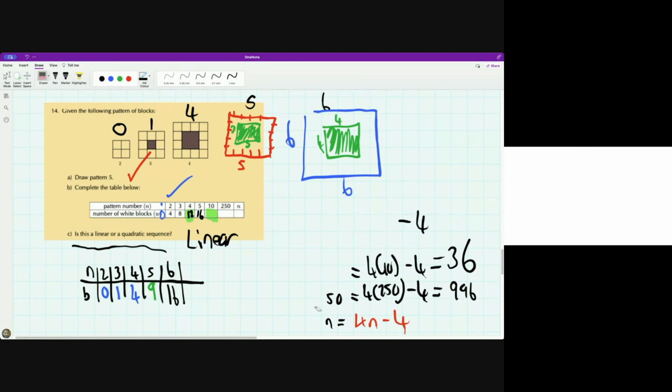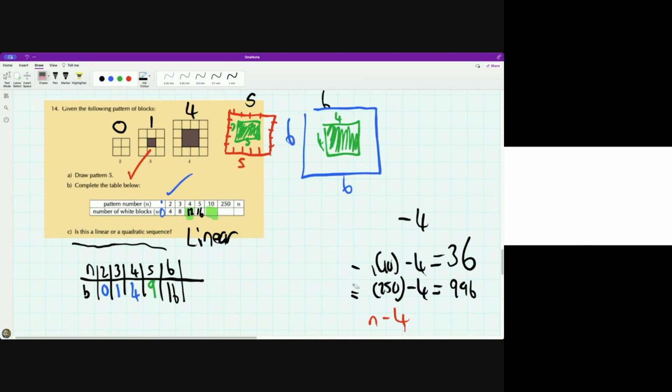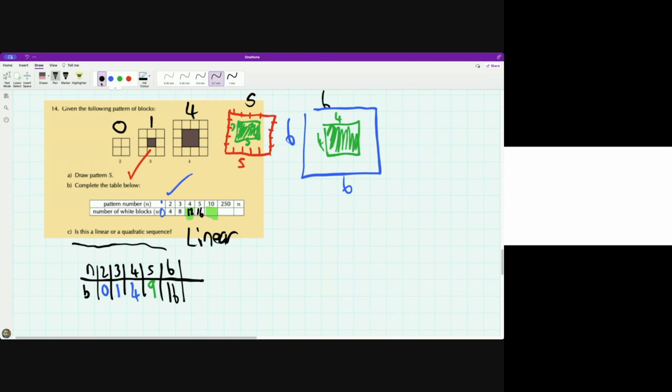Okay, now if I look at the table for the pattern with black blocks, is that a linear or a quadratic number pattern? If I look at these numbers, is this a linear or quadratic number pattern? What do we need to check?